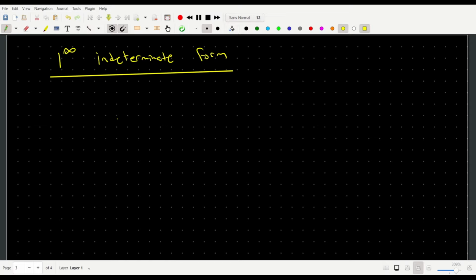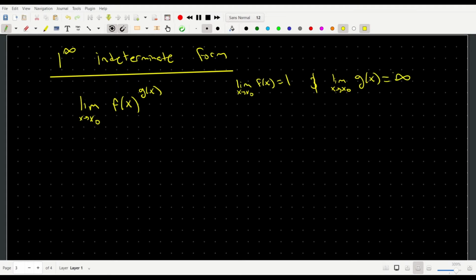So this is produced when you have something of the form limit as x goes to x naught of f of x to the g of x, and the limit as x goes to x naught of f of x is 1, and the limit as x goes to x naught of g of x is infinity.